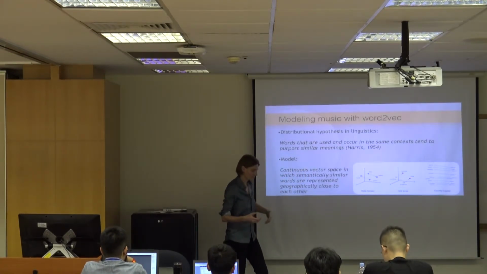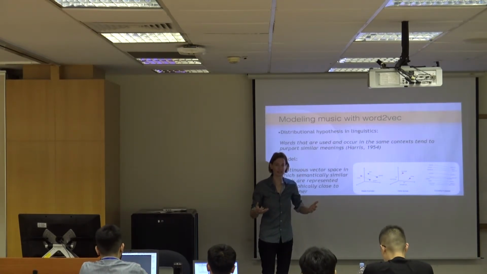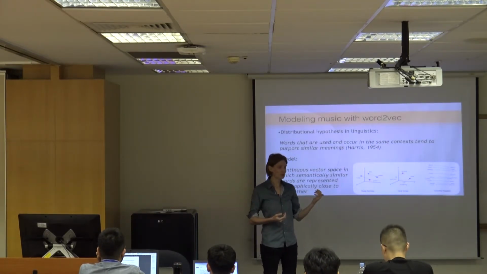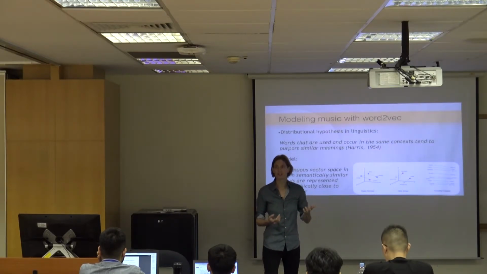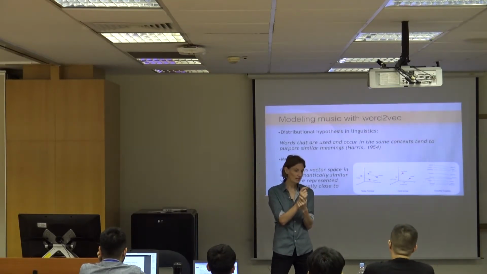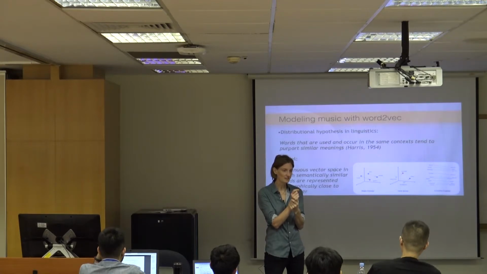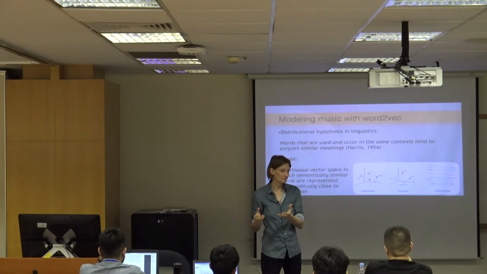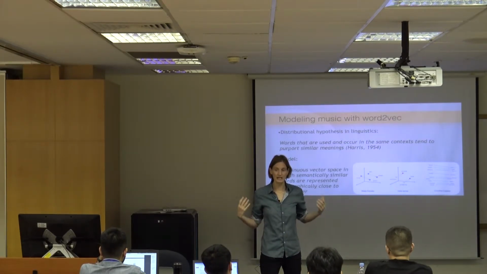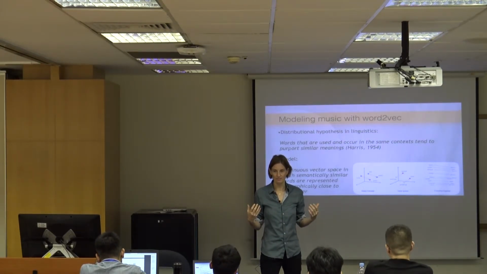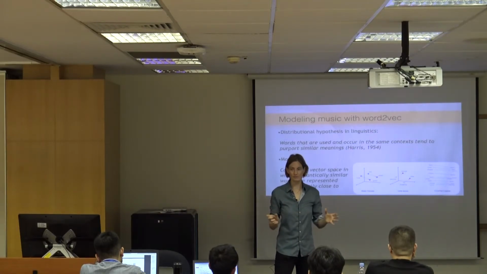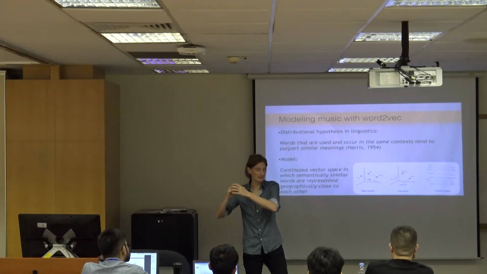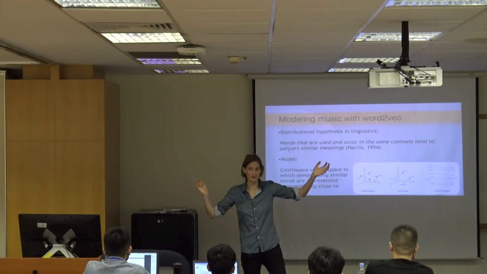The gist is basically that the distributional semantic hypothesis says that words that are used together and occur together in sentences basically tend to have similar meaning. So the entire model is built on this. Words that the algorithm finds in the same context will be in a similar place in this multidimensional vector space.